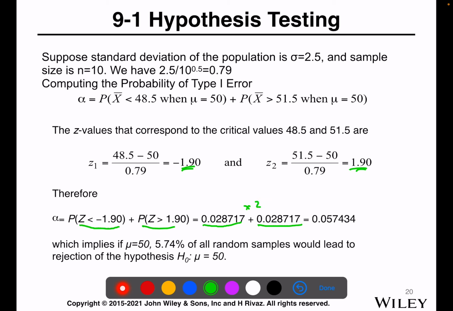So that means that if mu is 50, there's a 5.7% chance that random samples would lead to rejection of the null hypothesis if the null hypothesis is actually correct. You say all random samples, but we just sample 10. Yes, by all random samples I mean all random samples of size 10.